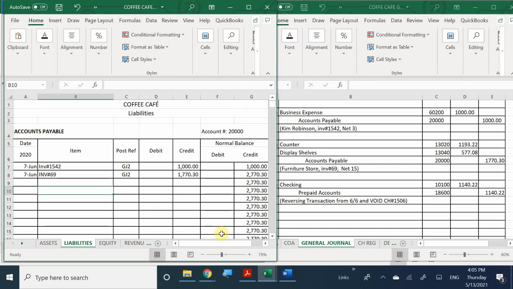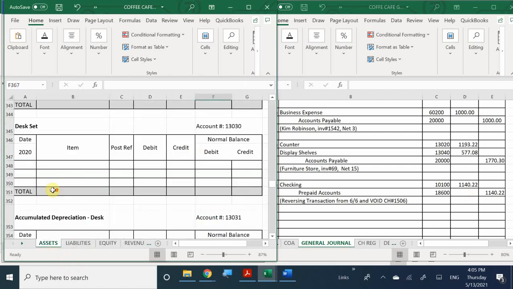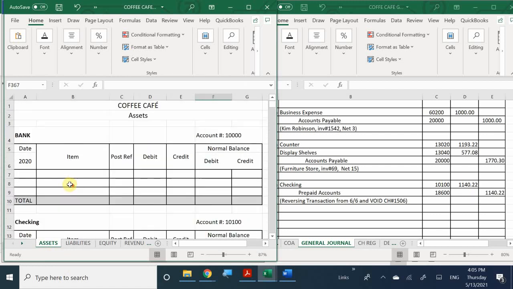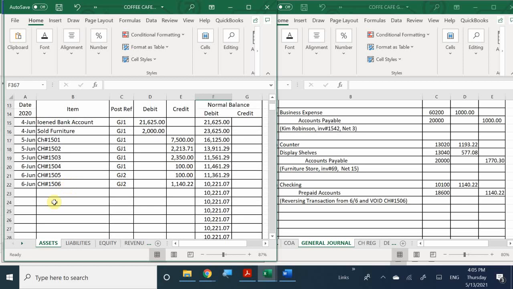So in this case, let's go ahead and undo the transaction. So here, checking, of course, is going to be here, right? Once again, I want you to also note that you voided this check. Okay? And then once again, it's 6/7, and we're going to reverse check number 1506.